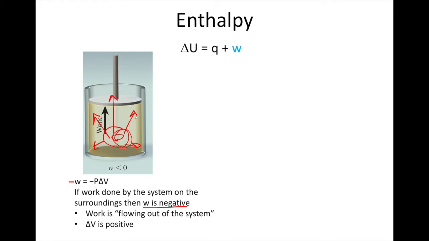Our delta V is increasing, so we'd have a positive delta V. So that's why we have that negative sign there. So if delta V is positive, that's going to give us a negative W, indicating that the work is essentially flowing outwards. Think of it like heat.